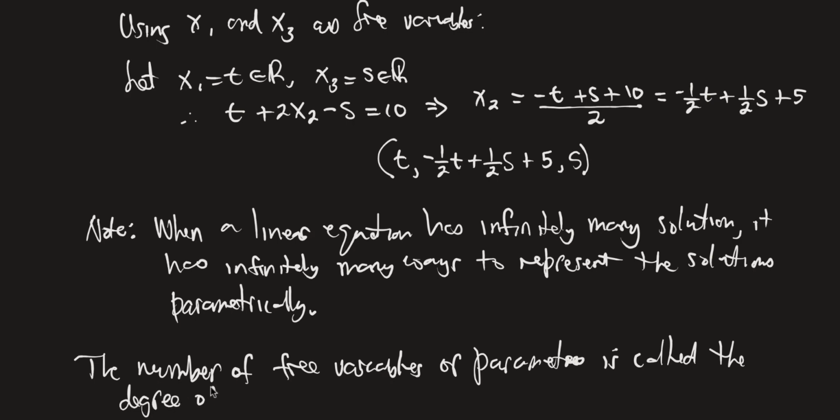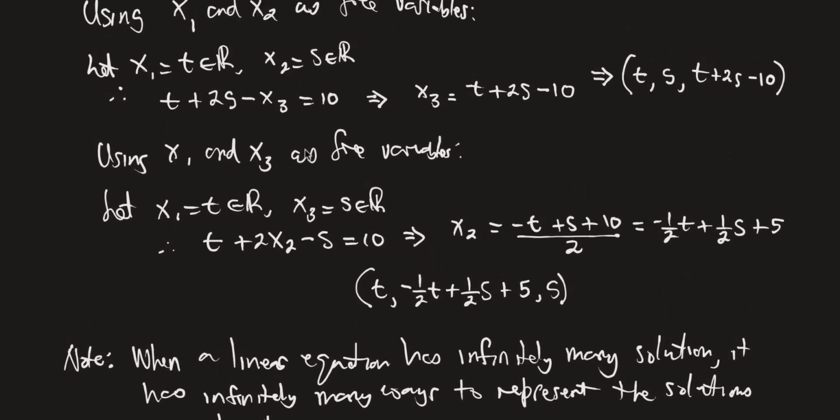So the degree of freedom tells you how many variables you can choose freely, right? And then whatever variables are left over have to be solved for in such a way that this equation is satisfied, right? So going back up here.